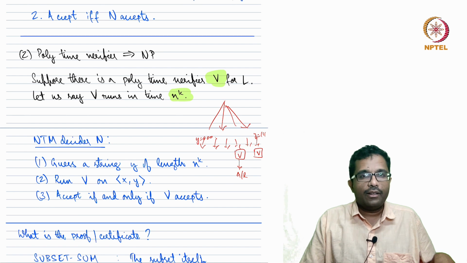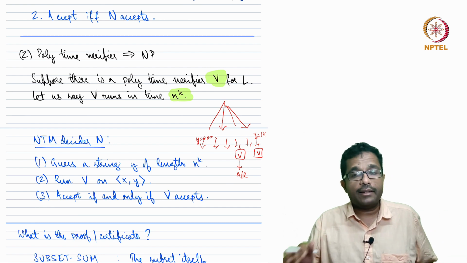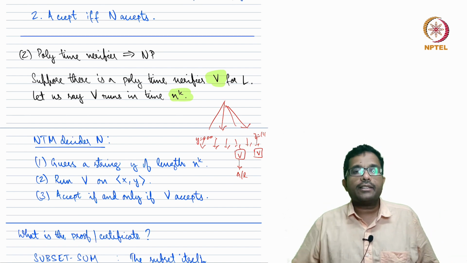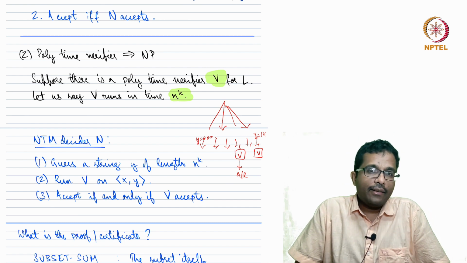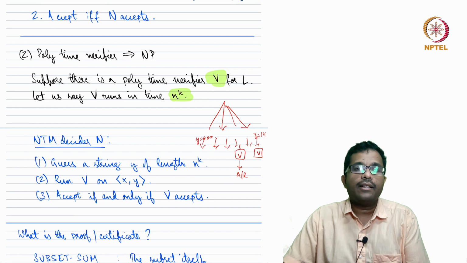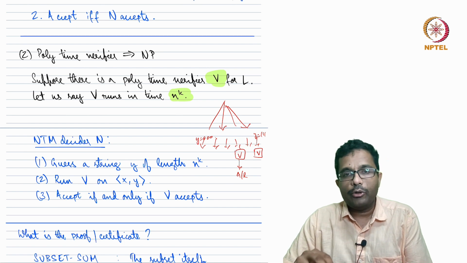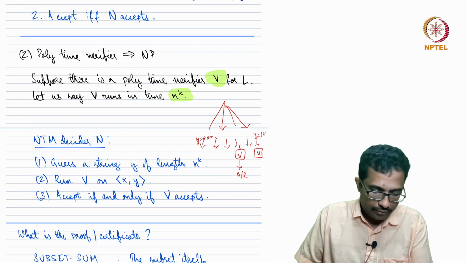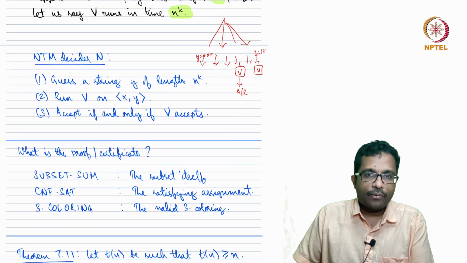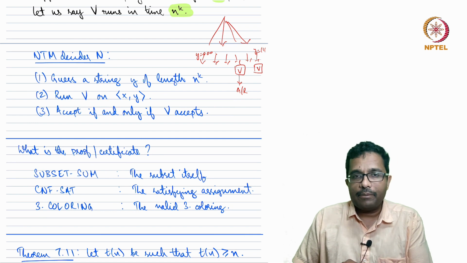So if you want to show something is in NP, instead of showing that it has a non-deterministic polynomial time decider, I can also show that it has a deterministic verifier, that you can verify the membership of a particular string in the language. So now we have another characterization for NP.